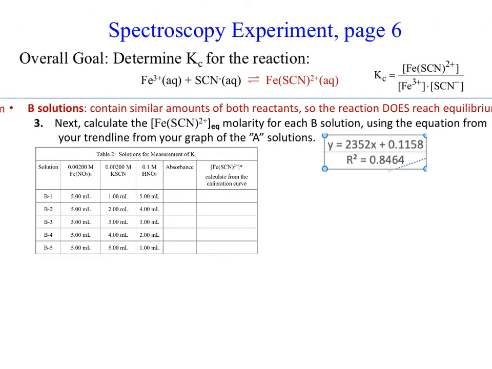Next, we're going to calculate the molarity of the product for each of your B solutions using the equation from your trend line. This is an example of the equation from Excel that I got. Again, I made up these numbers. Yours will be different.